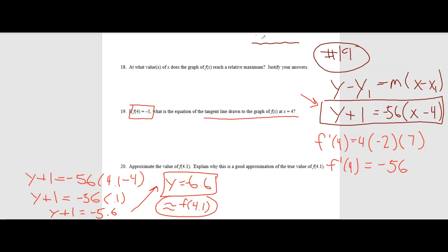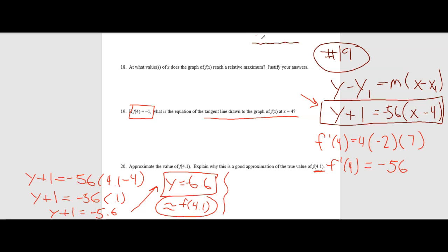So this value right here, 4.1, that x value is close to 4, so the tangent line is going to be a decent approximation. If they said use the tangent line to approximate f of 12, well, 12 is much farther away from 4 than 4.1 is, right? So it's going to be a far less accurate approximation. But 4.1 is close, so we can say it's a decent approximation.